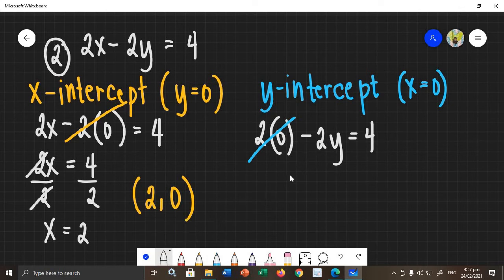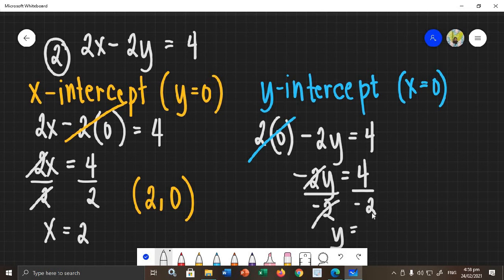So, we should rewrite na lang yung negative 2y equals 4. To get rid of negative 2, divide natin sa negative 2. So, y now is equal to 4 over negative 2 is equal to negative 2. And we need to write our y-intercept in ordered pair na form. So, the x-coordinate is 0, the y-coordinate is negative 2.